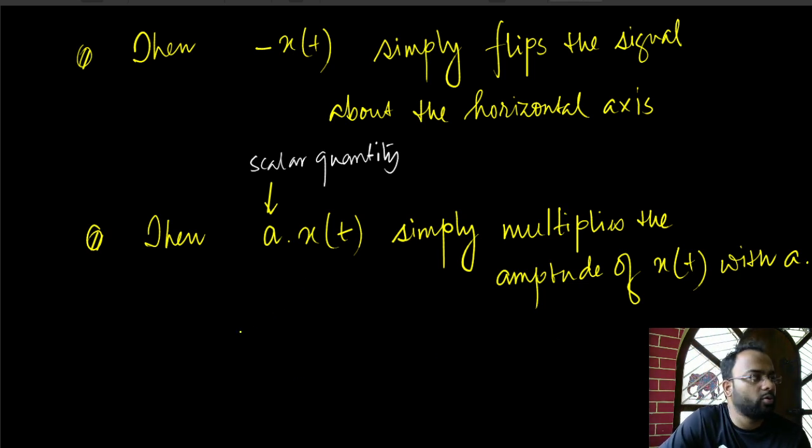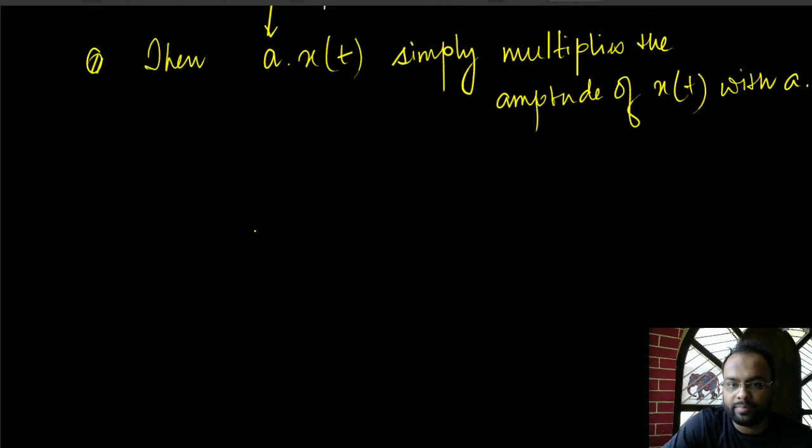So if the amplitude was, say for example 5, now the amplitude will be 5a, and this happens for the entire signal, right?